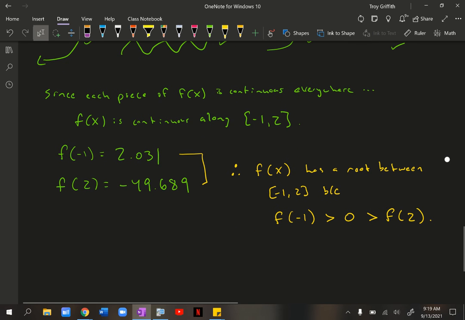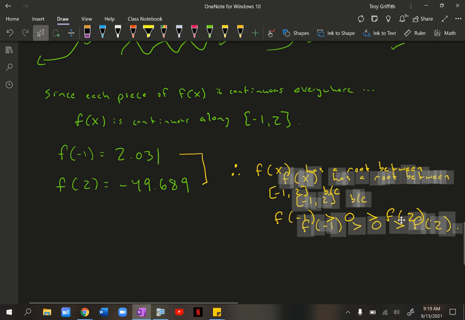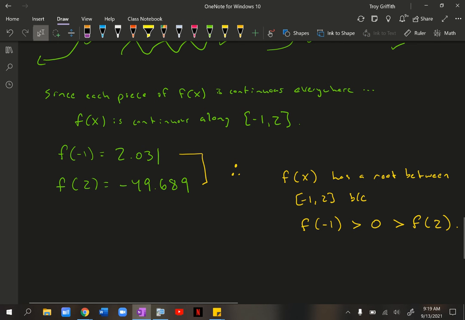Okay. And really we should say, before we even start this, by the intermediate value theorem. So let me amend this just a little bit. Scoot this over so we can give a full answer here. By the intermediate value theorem, f of x has a root between negative 1 and 2 because we started above 0 and we finished below 0.